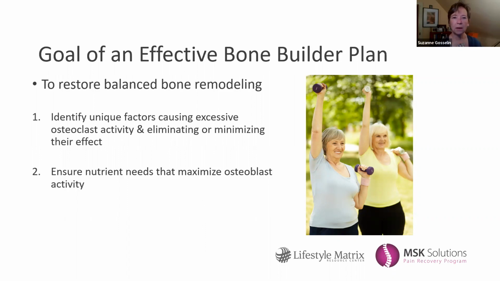Remember, we want to identify what the unique factors are that might be causing excessive resorption and eliminate or minimize the effect of those factors, like poor digestion, somebody needing to be on a PPI, or chronic musculoskeletal issues that could be addressed differently so that they didn't need as many doses of strong anti-inflammatories like steroids, and to ensure the nutrient needs that will maximize osteoblast activity.